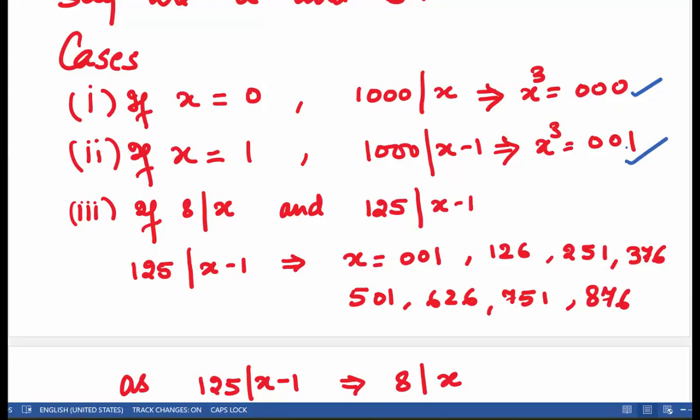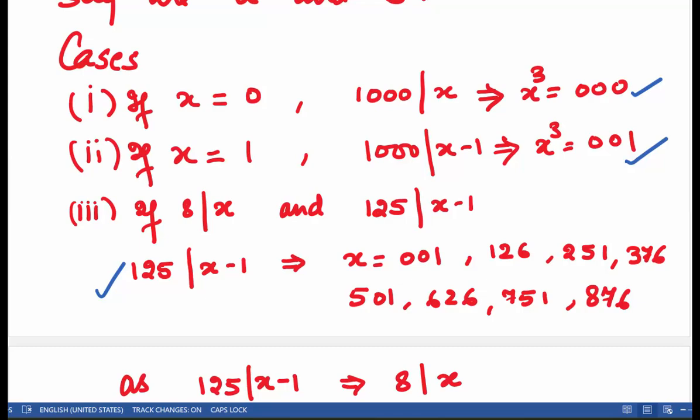If the two factors are 8 and 125, and if 8 divides x and 125 divides x minus 1, then let's start with 125 divides x minus 1. This would imply that our x is either 001, 126, 251, 376, 501, 626, 751 or 876.